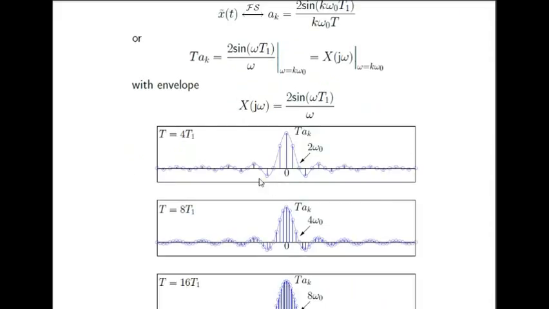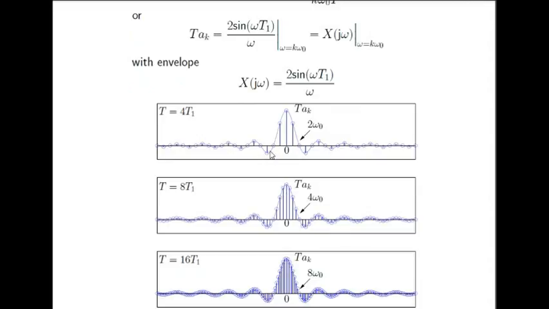So you can plot the graph of this function X of j omega, and you can see that for different values of T, you will get different envelopes. So these are the envelopes, the curves. Let me just show you. So this is one envelope, and for T equal to 4 T1, it has 3 values inside it.